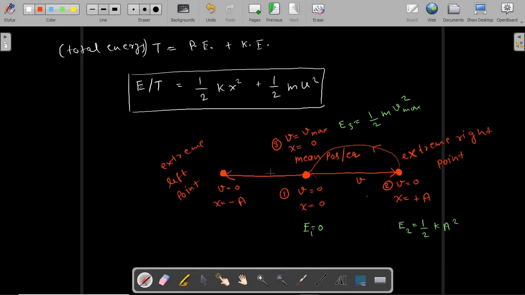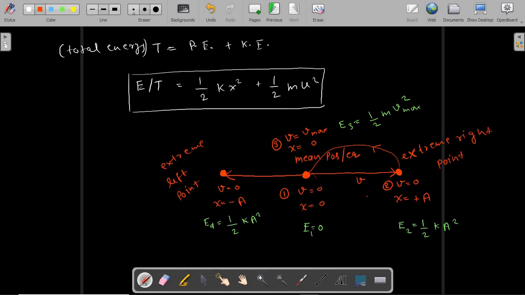So what will E4 be? Half kA squared. A becomes minus A, but the square is the same, and v is 0.